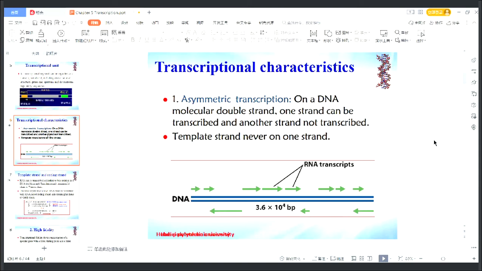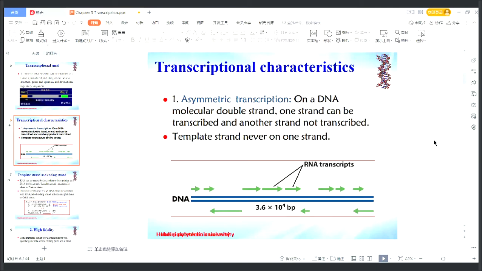Just as I emphasized, in DNA replication, the two strands act as templates and direct the synthesis of the offspring DNA.